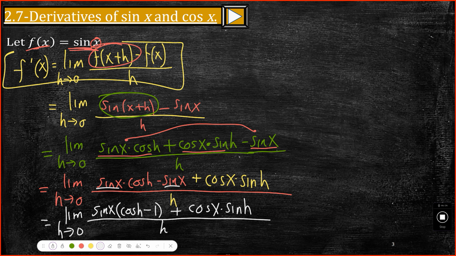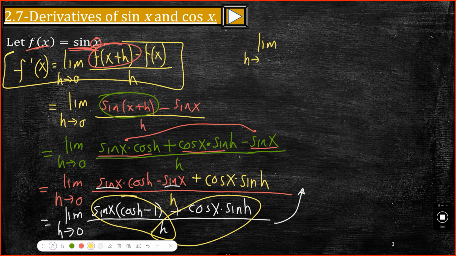Okay, so now I'm just going to separate this. So what we're going to have now is the limit as h approaches 0 of sine x times cosine h minus 1 over h.